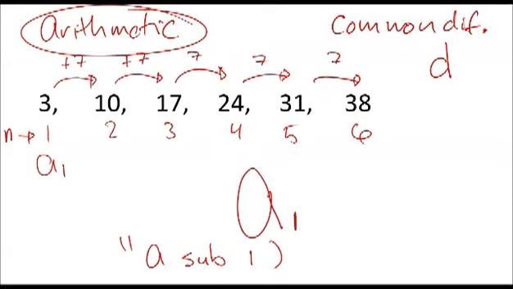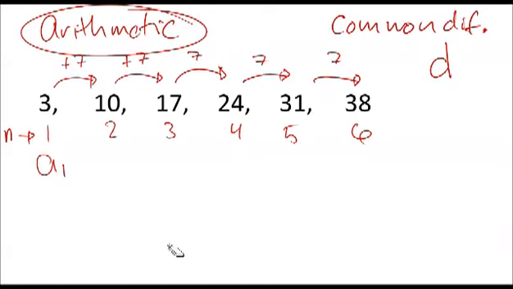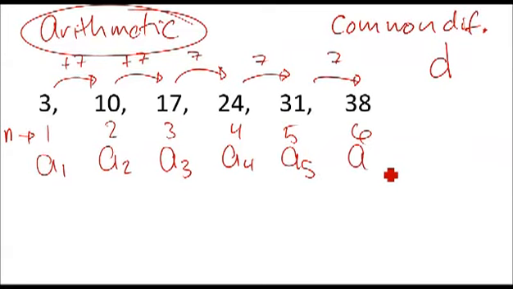So be very careful. You don't want to write a1 because it just looks like a times 1. It's a subscript, which is a different sort of creature. So make sure you really exaggerate that when you write them: a subscript 2, a subscript 3, a subscript 4, a sub 5, a sub 6.